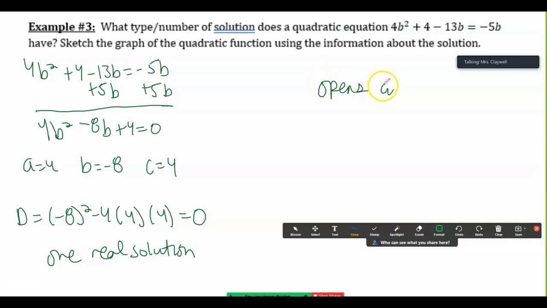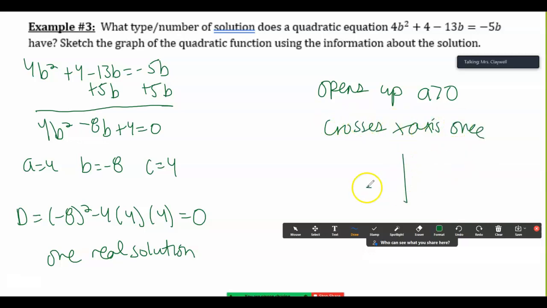This opens up since A is greater than 0 and it crosses the x-axis once. So it hits the graph once and then opens up.